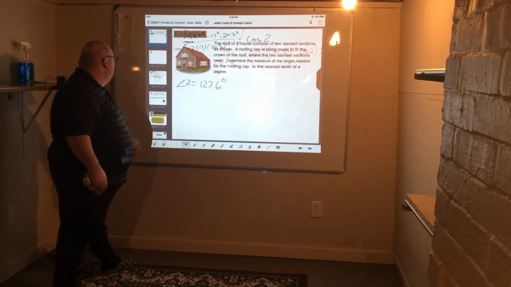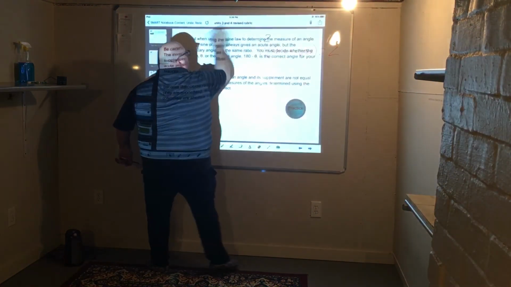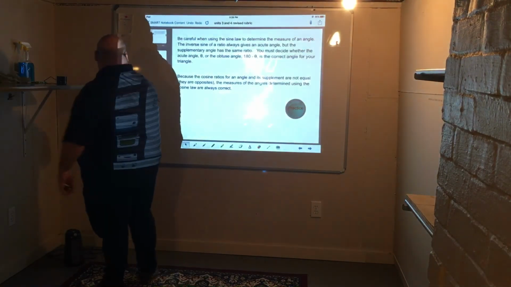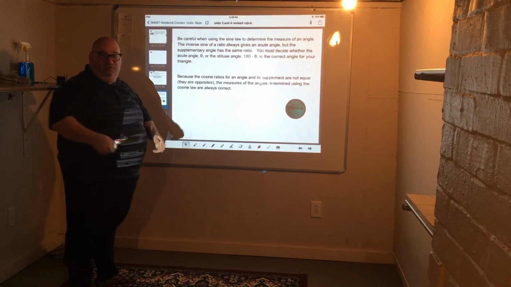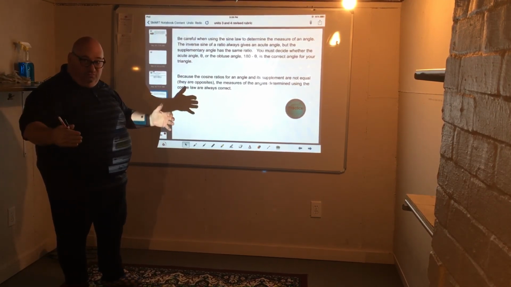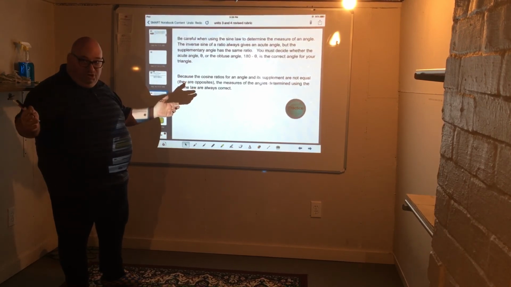Let's jump to this one. So, careful when using your sine law. Make sure that you find the other angle and solve the two triangles. Right? There's always going to be two triangles. Let's assume there's two triangles.